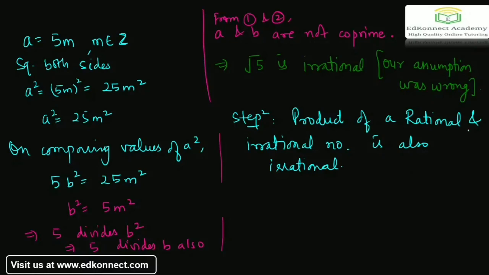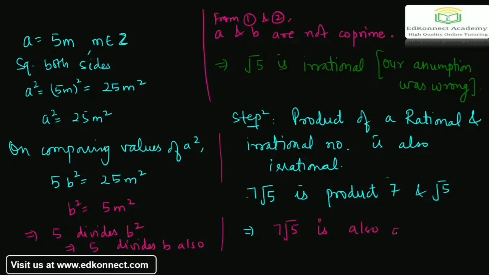So the product of a rational and irrational number is also irrational. So 7 root 5 is the product of 7 and root 5. So 7 is a rational number and root 5 is irrational from step 1. So this implies that 7 root 5 is also an irrational number.